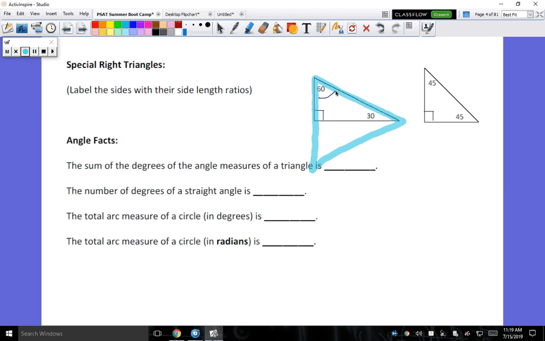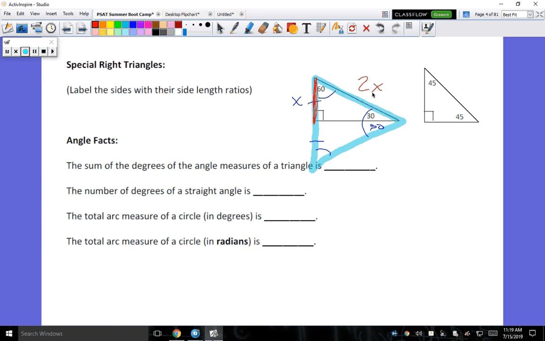So they're all how many degrees? 60. Notice that this one's cut in half. So if this is cut in half, that means this is the same as that. Let's label this x. What other side do we know if we are labeling this as x? Hypotenuse. The hypotenuse is 2x.